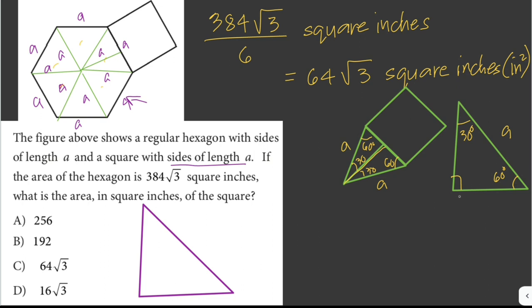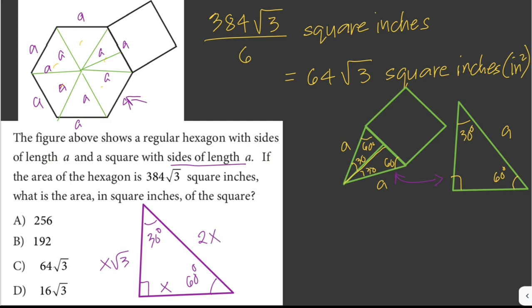So if we zoom it in, this is our triangle here, this one. Let's recall the 30, 60, 90 special triangle. So if this is 30 degrees and this is 60 degrees, it's given that this is A, which is the hypotenuse. So the side opposite to 30, let's say it's x, and then the side opposite to 60 degrees is x square root of 3, and then the hypotenuse is just equal to 2x.